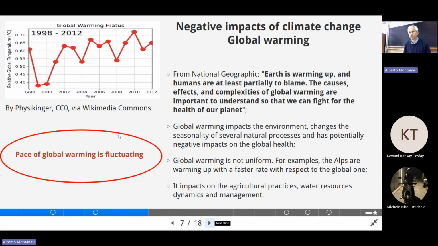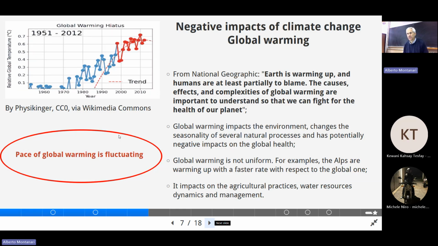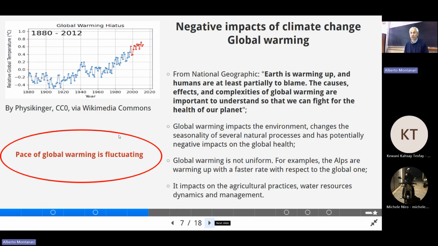Okay, so global warming impacts the environment in several ways, changes the seasonality of several natural processes, and has potentially negative impacts on global health.